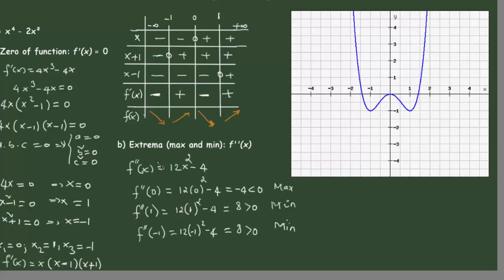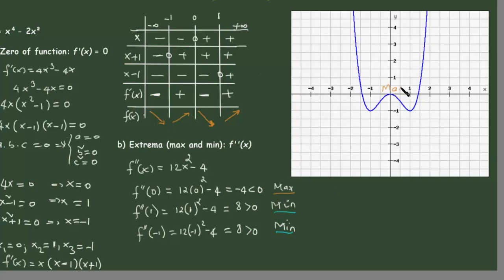Talking about the maximum and the minimum, we had a relative maximum at 0. This is what we got here. We have a relative minimum at 1 and a relative minimum at minus 1. These are our two minimums, and that is our relative maximum.